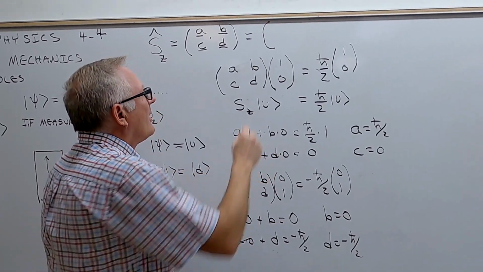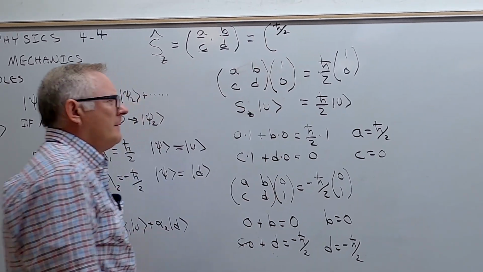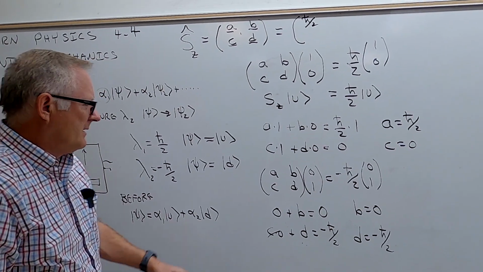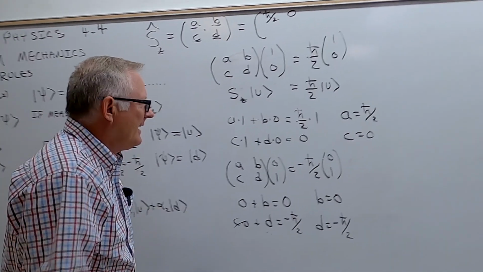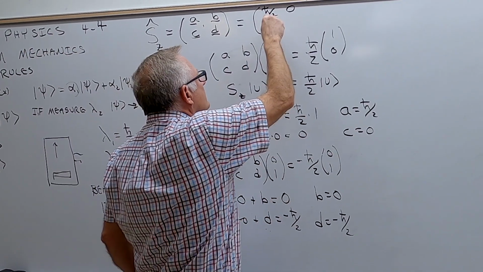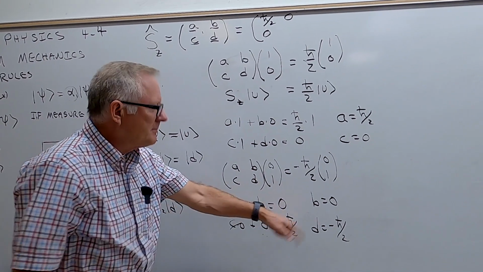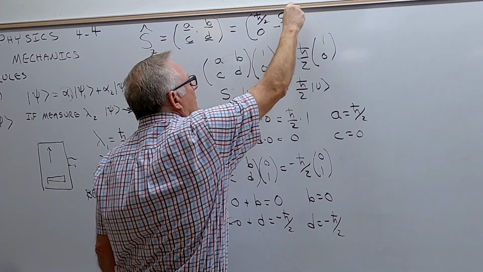A was h bar over 2. B was 0. C was 0. And D was minus h bar over 2.